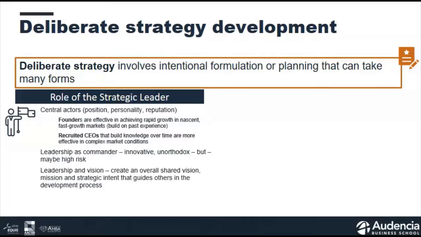The leader may not come in and say, this is what we're going to do, but may say, this is where I think the organization needs to go. That will help guide the design process, and that's a key role that the leader plays in deliberate strategy design.